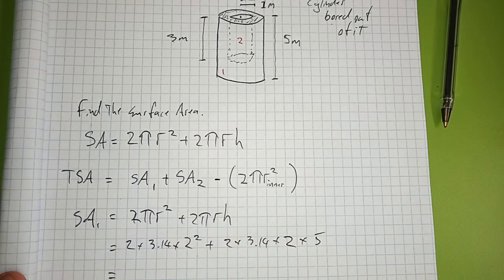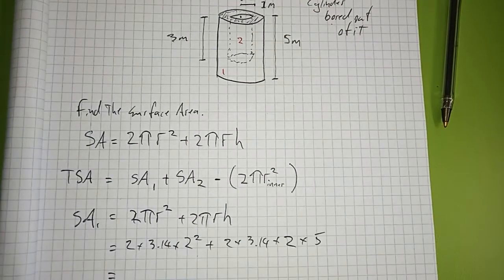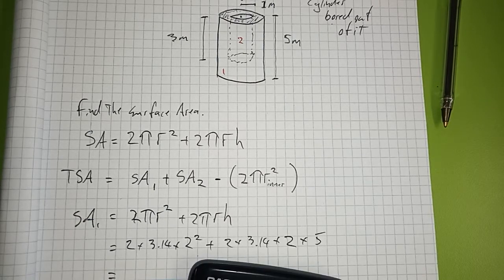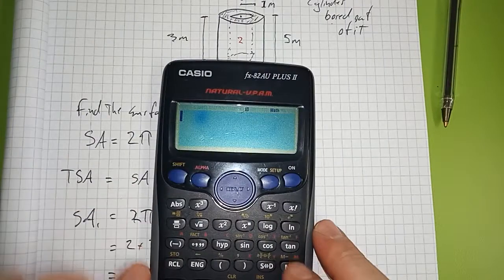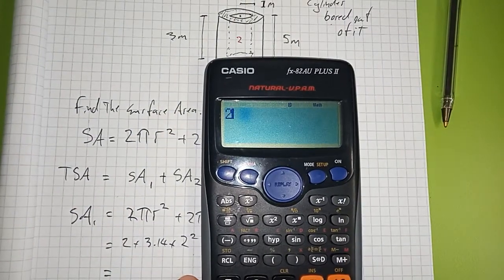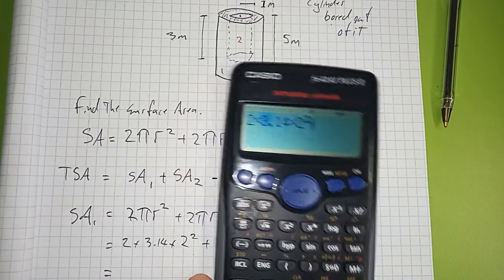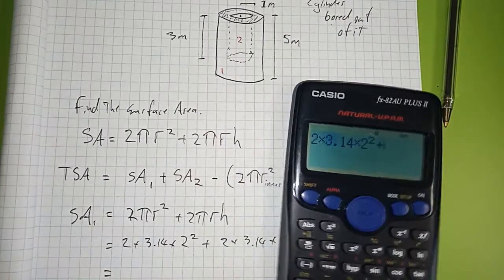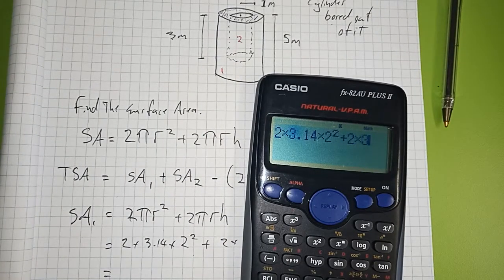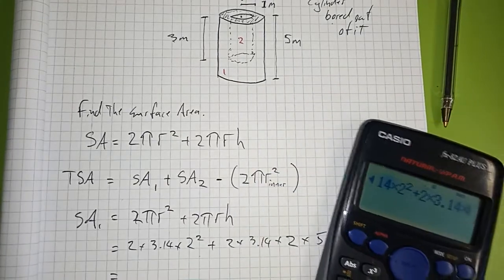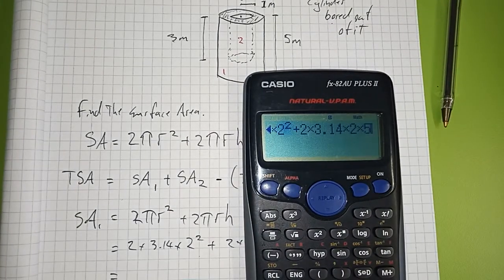Okay, and if we do that in a calculator, we'll get a number. So I get my calculator, and it's going to be 2 by 3.14 by 2 squared plus 2 by 3.14 by 2 by 5.